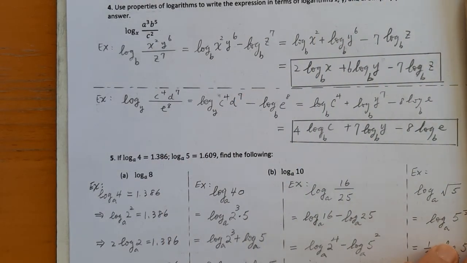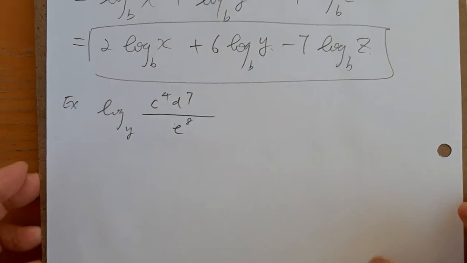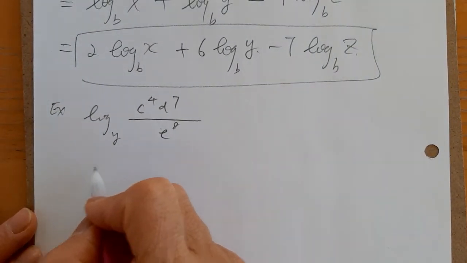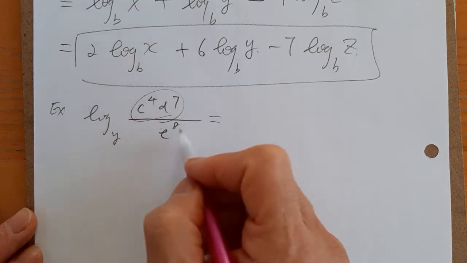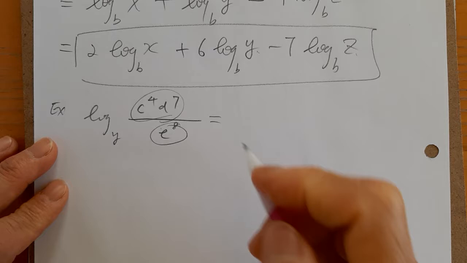Example: log base y of c to the power 4, d to the power 7, over e to the power a. The numerator is divided by the denominator, so use the quotient rule.